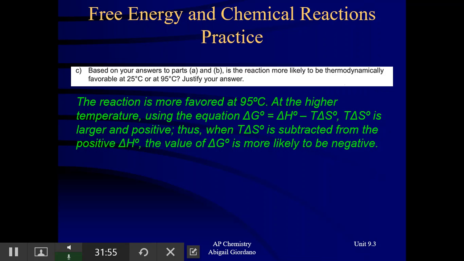If that mathematical explanation doesn't work for you, you could simply use reasoning. You could say a positive delta S means increasing entropy, which is likely to be favored, whereas a positive delta H, an endothermic change, is not likely to be favored. This combination will become more favored at higher temperatures. You could say something like that.